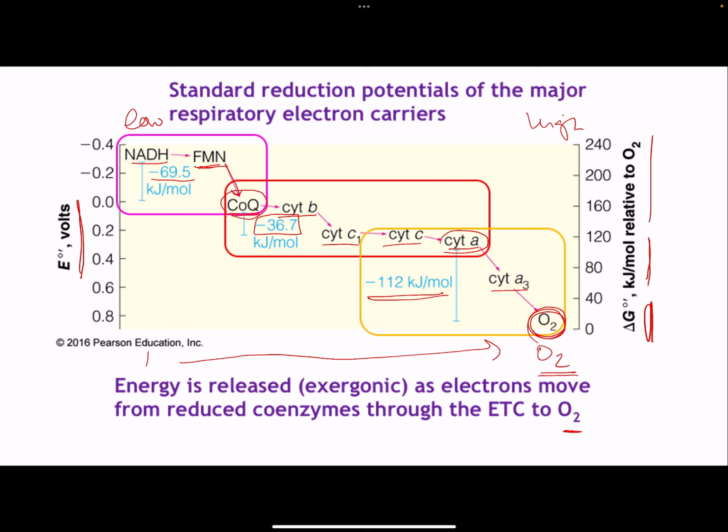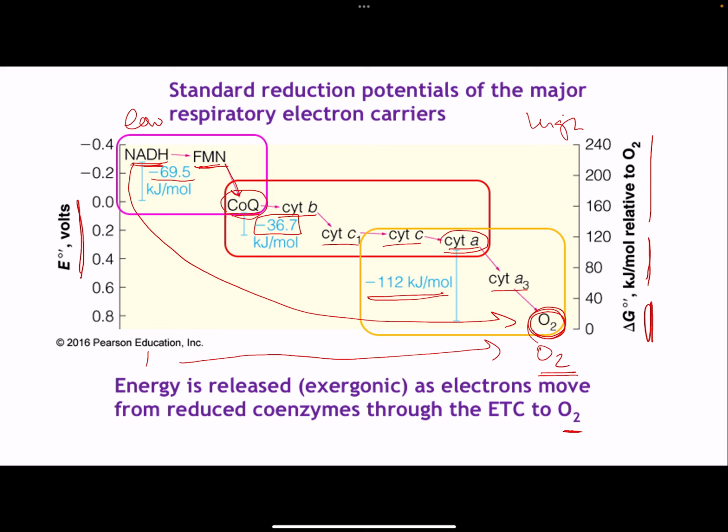Not only is it an exergonic spontaneous process, but it's very controlled. So you're not going to go directly from NADH all the way to oxygen, and we'll see why that is in the next coming slides, or especially in the next lecture.